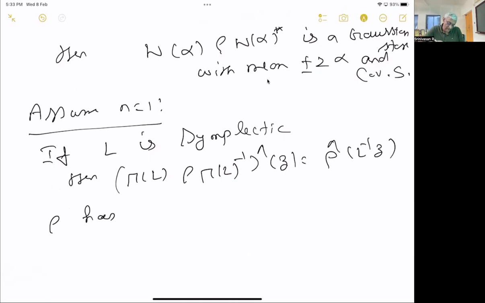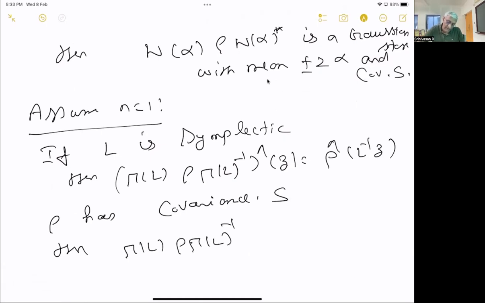Suppose rho has covariance S. Then gamma of L, rho, gamma of L inverse has covariance: you will get L inverse alpha inside the characteristic function of the Gaussian.